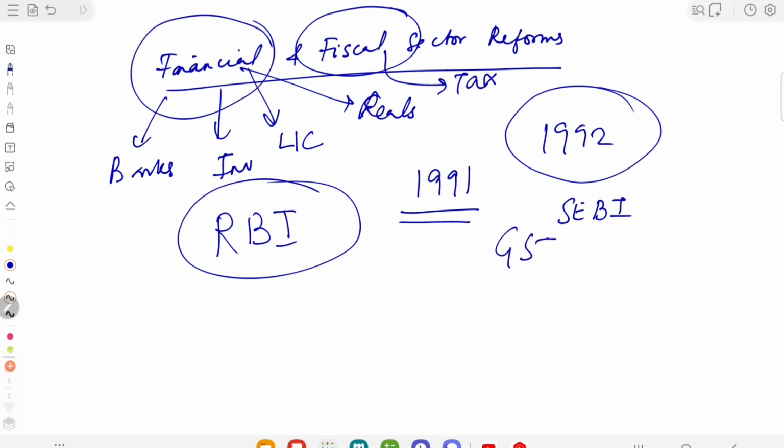So GST is important when it comes to fiscal sector reforms. That is one of the major fiscal reforms which has happened in recent times. So it is good if you have an overall idea about that. Again, just like I said about financial policy, it is good if you can at least grasp a few points, memorize them and go. There is no other way out here.